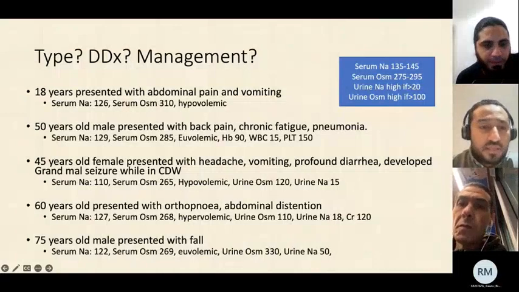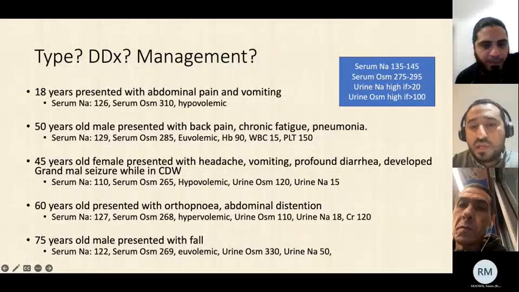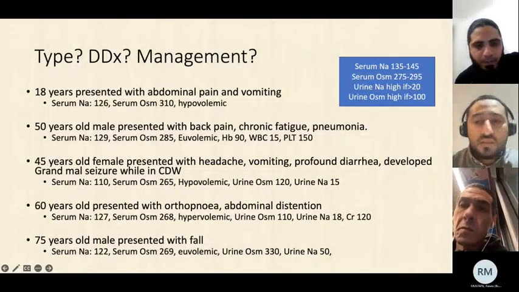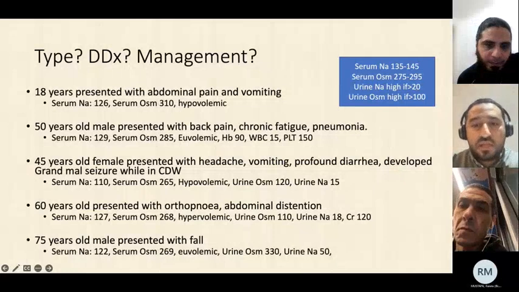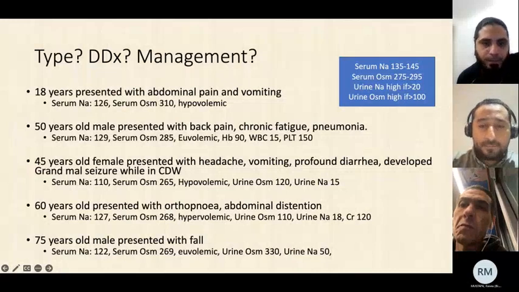Her serum osmolality is 265, which is hypotonic, and the patient is hypovolemic. And her urine sodium is 15, which indicates the losses are not renal. This is clear from the history itself. The patient has got vomiting and profound diarrhea.